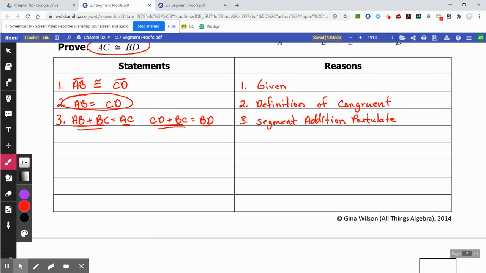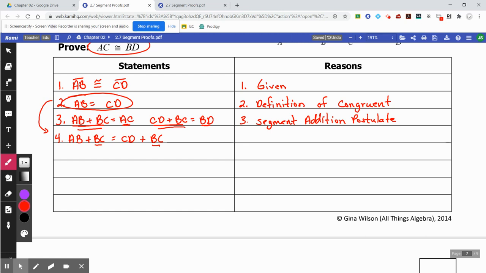So what I'm going to do in step number 4 is I'm going to take my step from 2, my AB and my CD, and on both sides, I'm going to add the same amount. I'm going to add our BC. And that is legal by the addition property of equality. Now, let me throw this out there that some textbooks or some programs are going to make you say that BC is equal to itself.